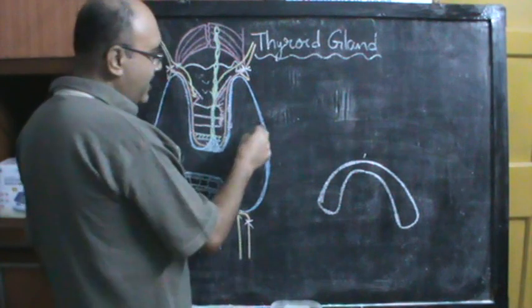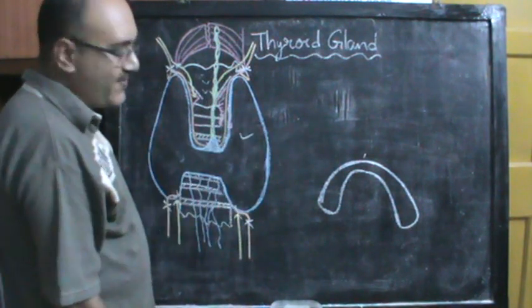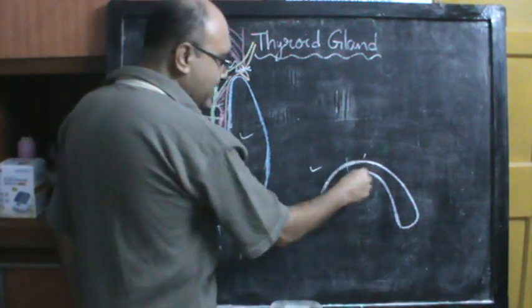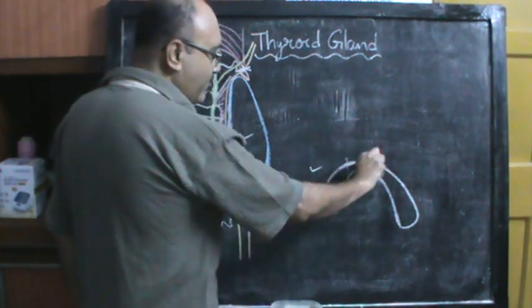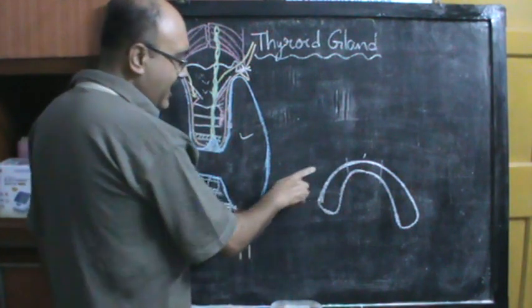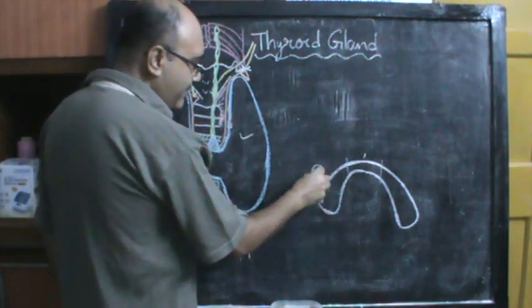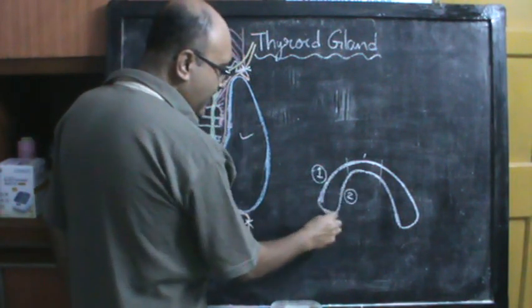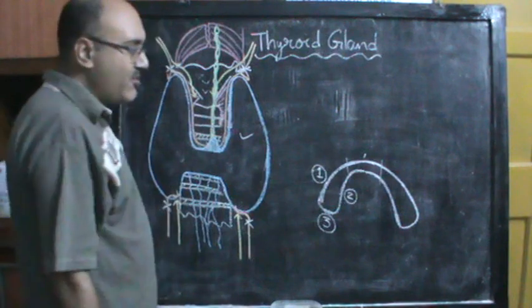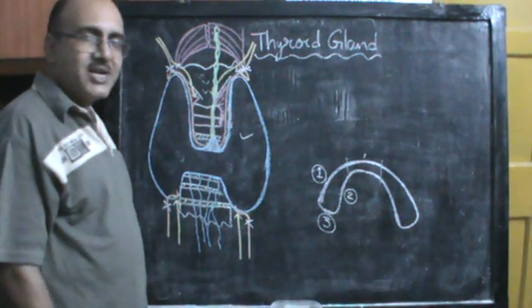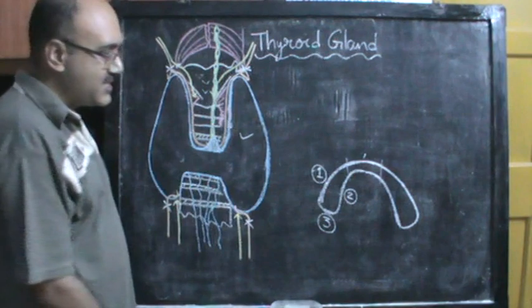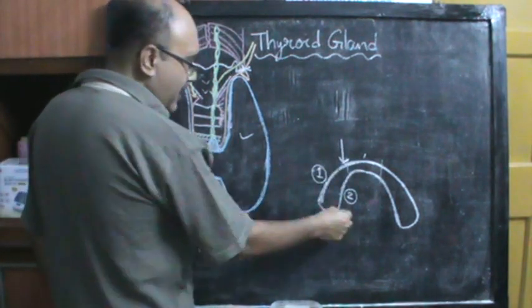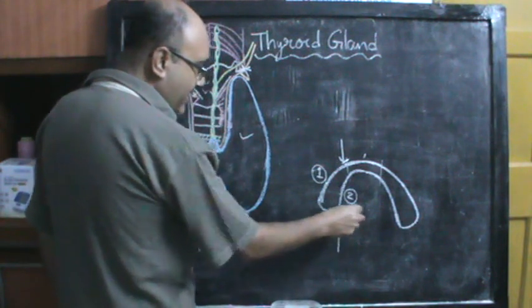And now you can make out that this anterolateral surface that you are looking at is actually this surface. It is over here, and this part is the isthmus, which is flattened anteroposteriorly, and the thyroid then has the first surface here, the anterolateral surface, and it has a medial surface and it has a posterior surface. Now you can make out that the lateral lobes of the thyroid gland actually have three surfaces, and somewhere here you are looking at the anterior border, and somewhere here you are looking at the posterior border.